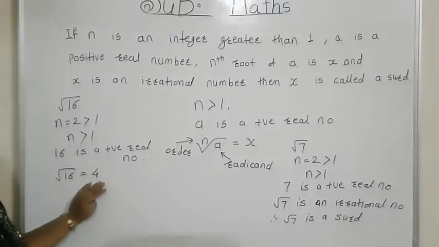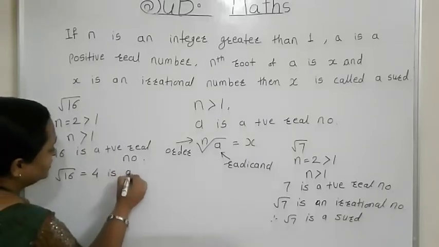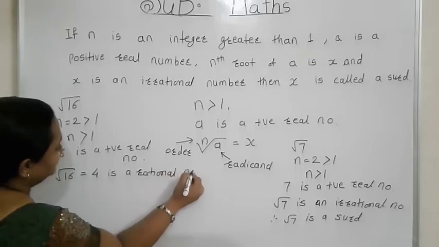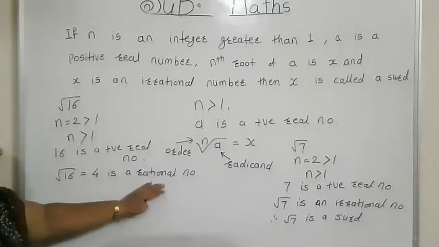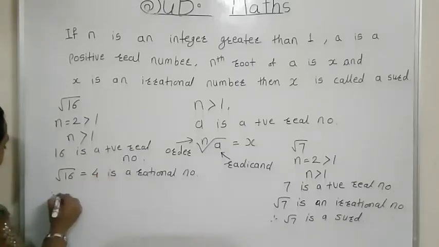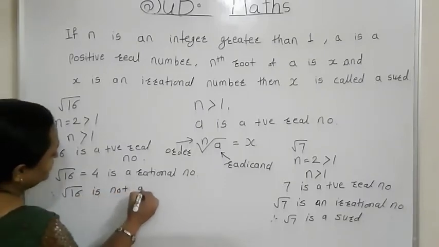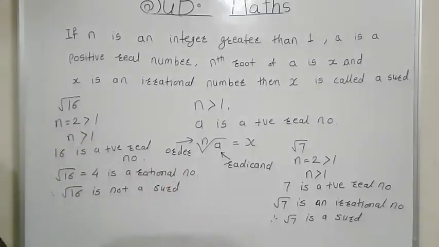And 4 is not an irrational number, it is a rational number. We want the nth root of a to be an irrational number, and we got a rational number here. So root 16 is not a surd.